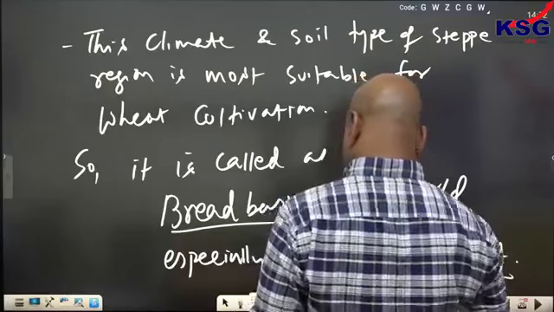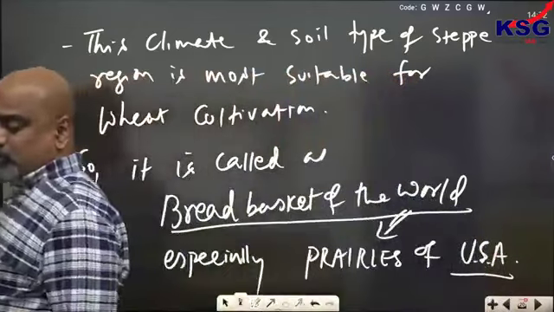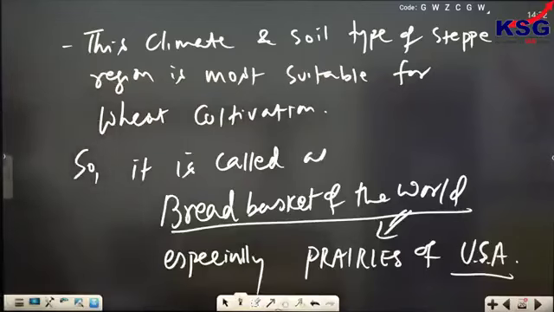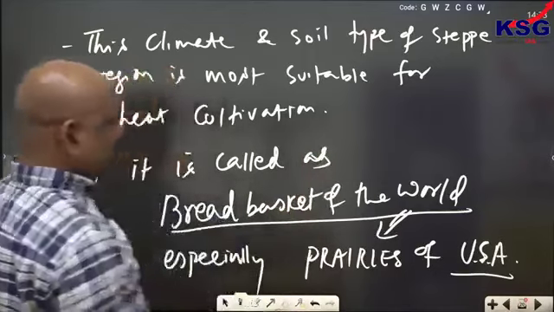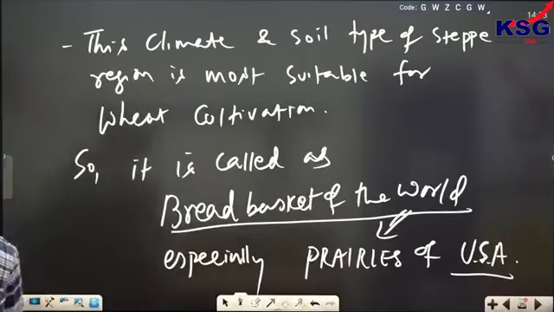So much production it has; it is well known as the bread basket of the world because of more production. This climate and soil type of the steppe region is most suitable for wheat cultivation, especially the prairie regions of USA, right? So this is the case here.